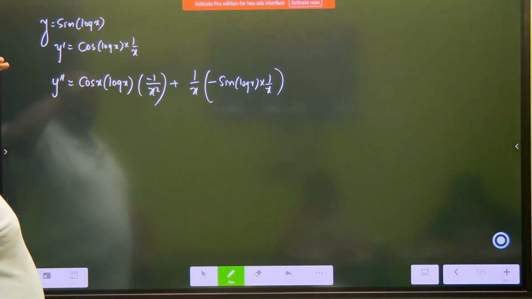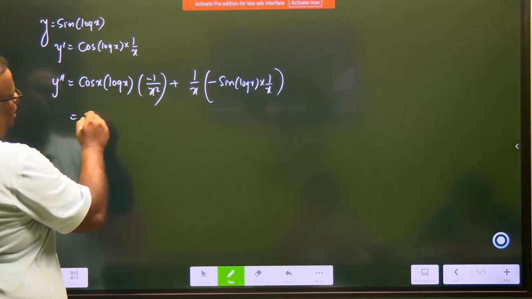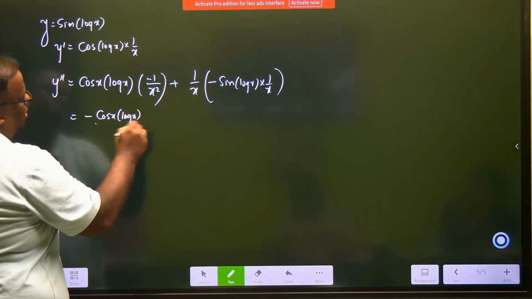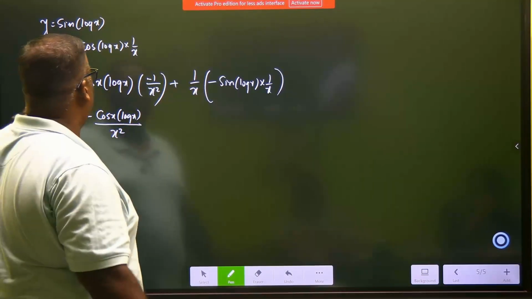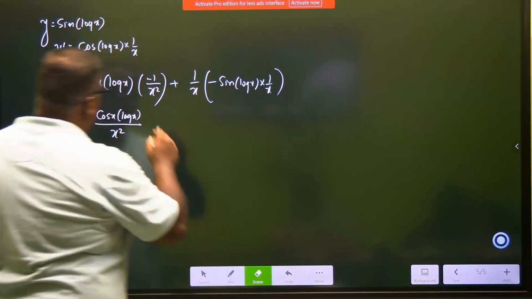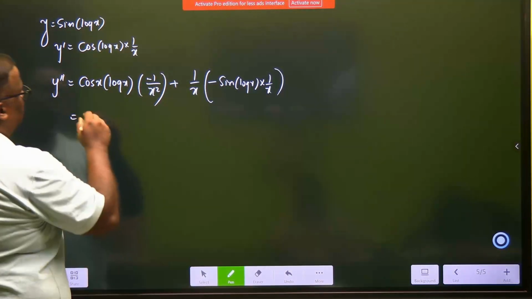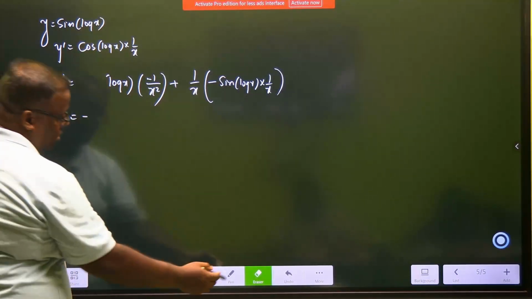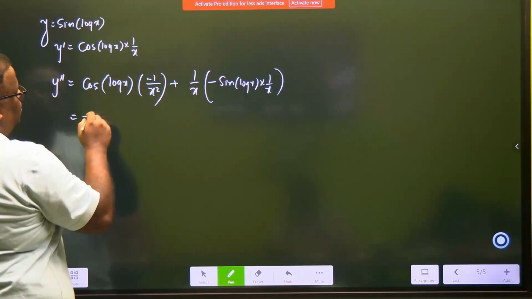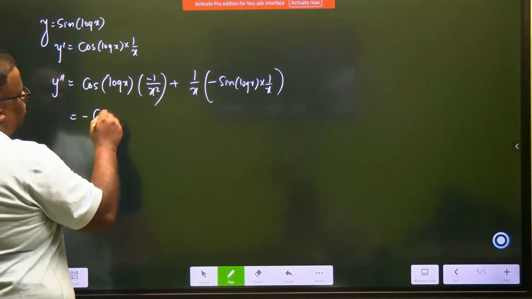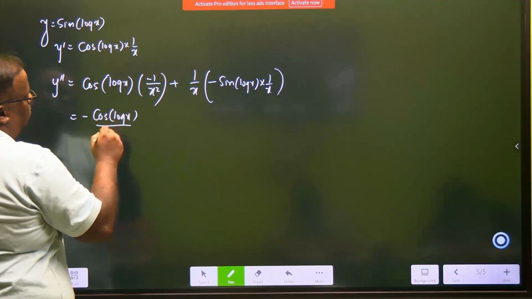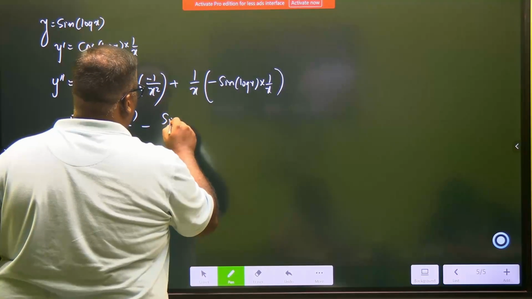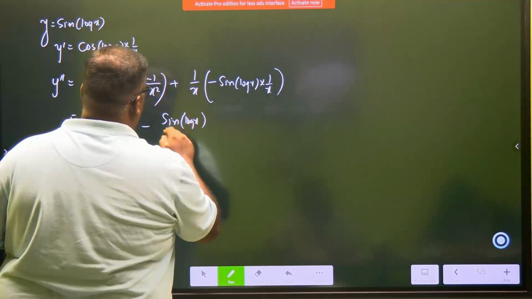Perfect. Right. So what do you have? You have a negative cos of log x by x square, and here also we have a negative sine of log x upon x square.